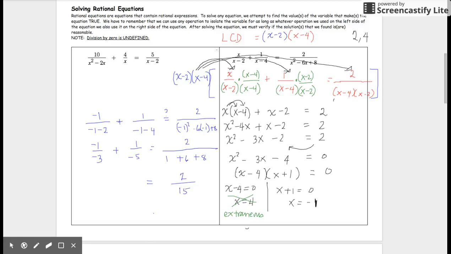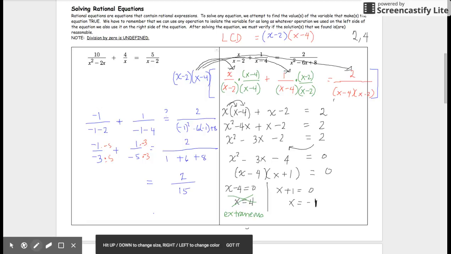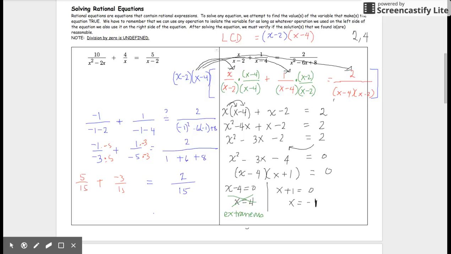2 over 15. All right, so the left side, we can multiply this by -5 over -5, and this one by 3 over 3. So we'll have here 5 over 15 plus -3 over 15.